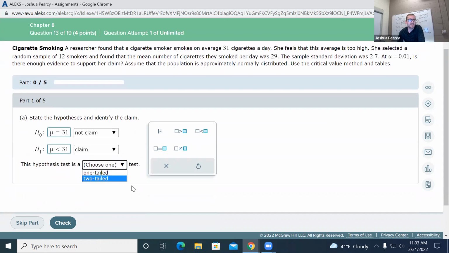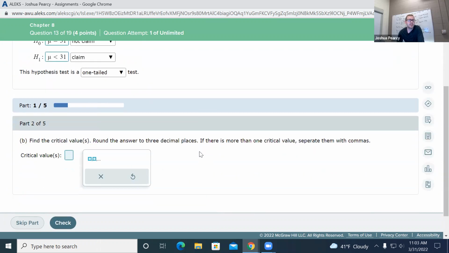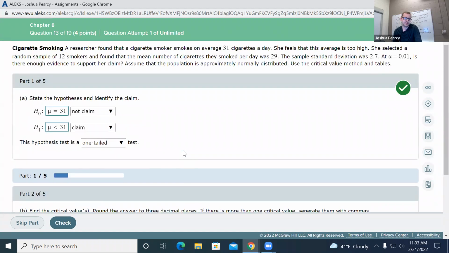And what tailed test is this? One-tailed or two-tailed? Everyone okay with that? Then find the critical values, rounding your answer to 3 decimal places. If there is more than one critical value, separate them with commas. Since this is a one-tailed test, how many critical values will there be? There will be 1. And how do you find it?